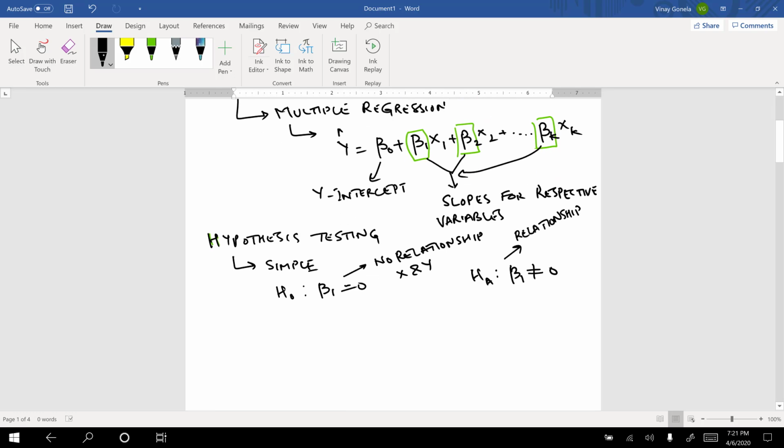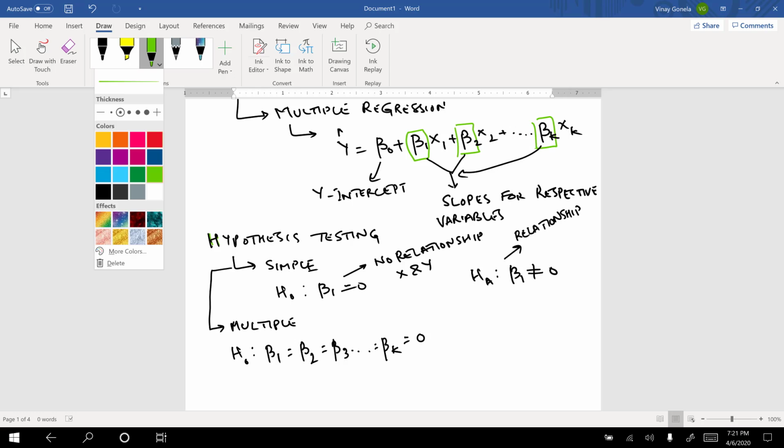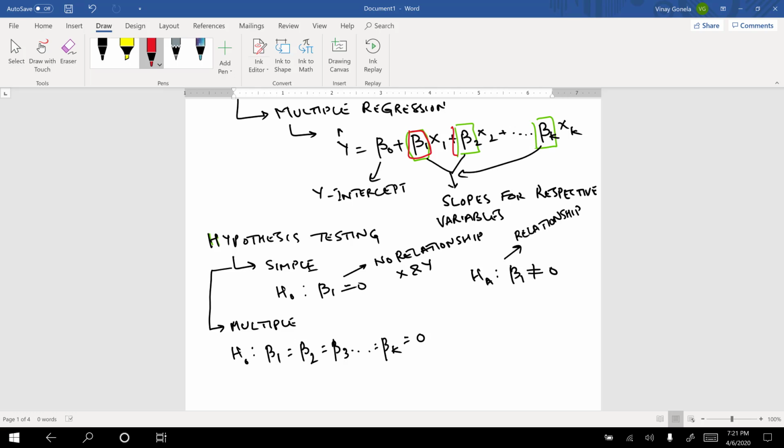So for multiple regression, our H null would be beta 1 is equal to beta 2 is equal to beta 3 and so on, is equal to beta k is equal to 0. If all these slopes become 0, then there is no relationship, no equation at all, no association between the different variables.